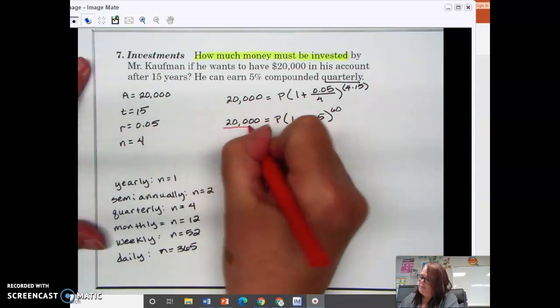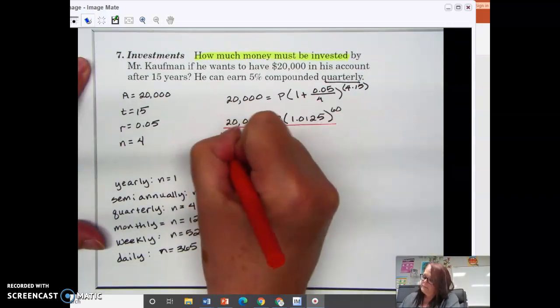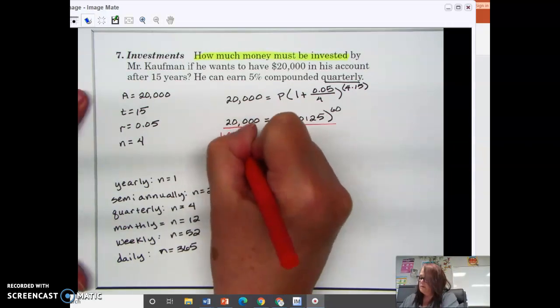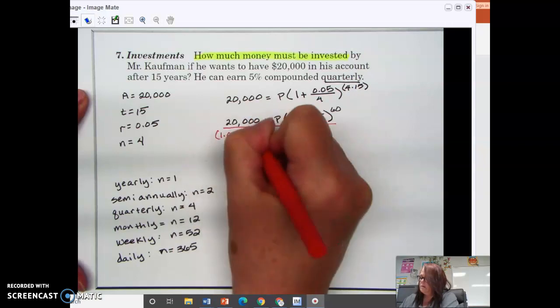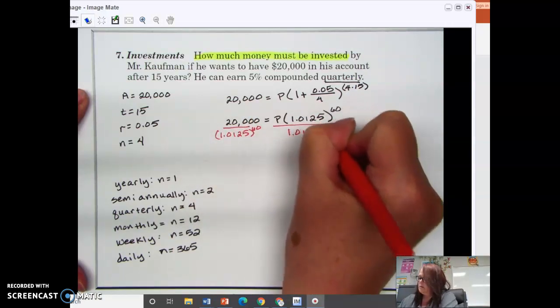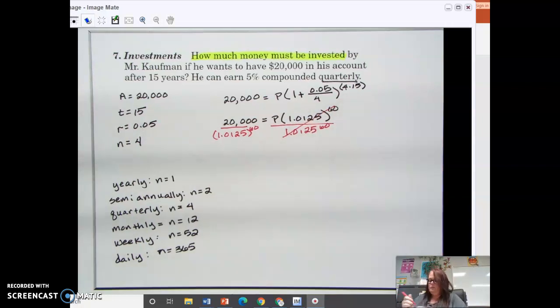So if I divide both sides by that amount, these cancel.